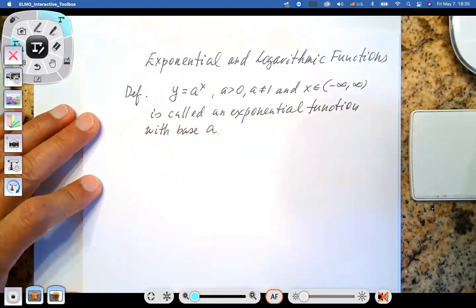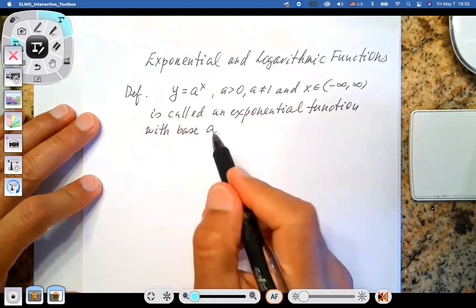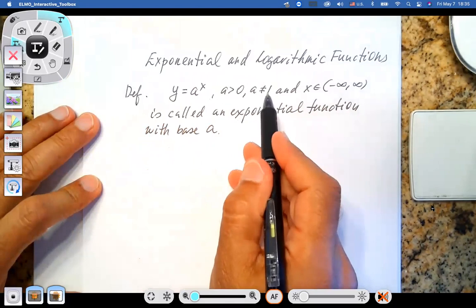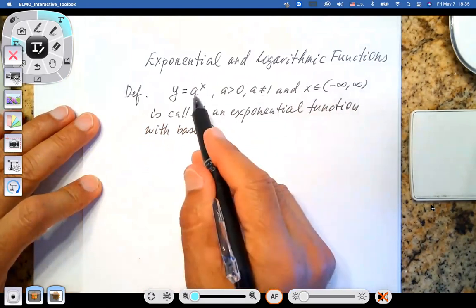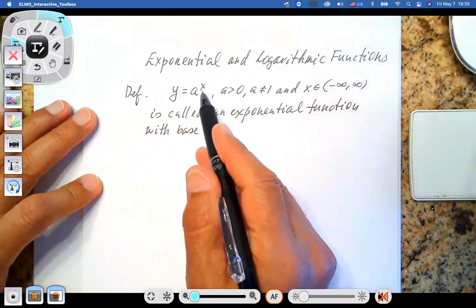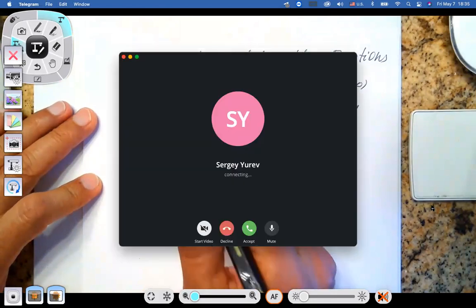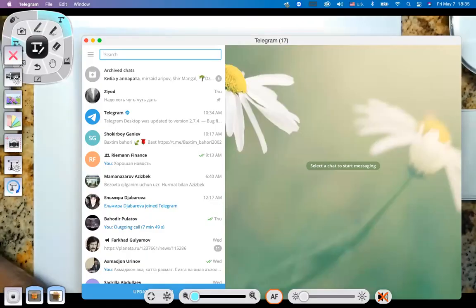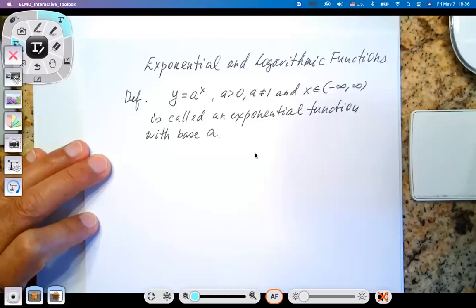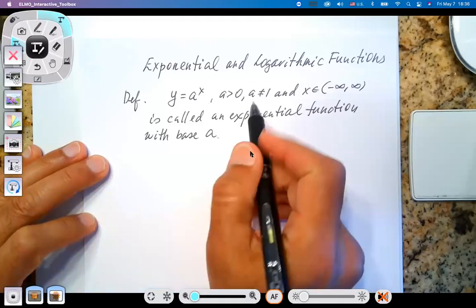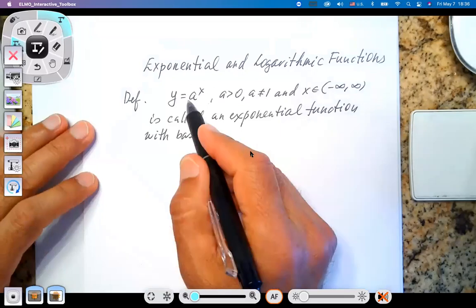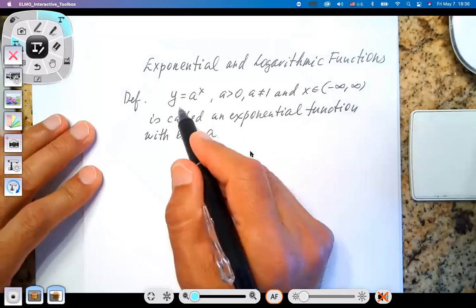So one might ask, why are we asking a to be not 1? If a is 1, then 1 to any power is 1, so we get a horizontal line.